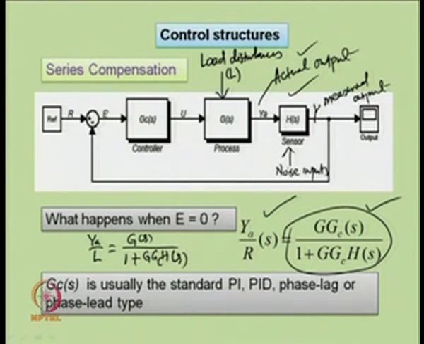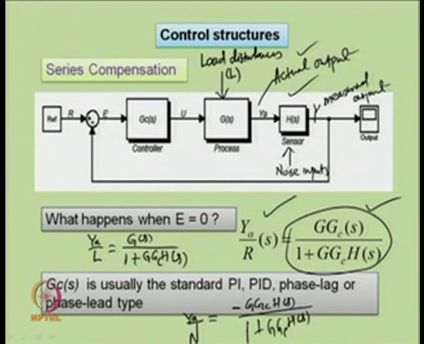Similarly, I can find the effect of noise inputs on the actual output y_A, and that expression can easily be obtained as y_A upon N equal to minus G G_C H(s) upon 1 plus G G_C H(s).